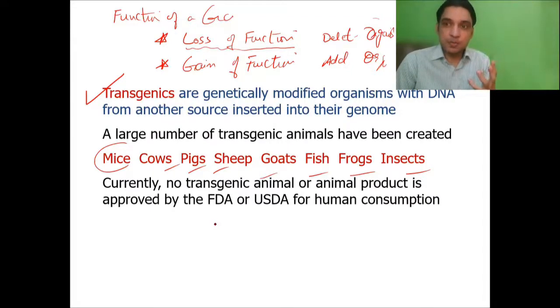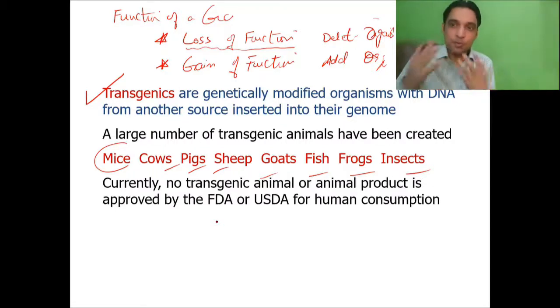Even though we are able to create transgenes, we don't know exactly how that newer phenotype is related to the incorporation of the gene of our choice, because we have incorporated a gene and we don't know whether it is associated with the phenotype directly or through how many genes.